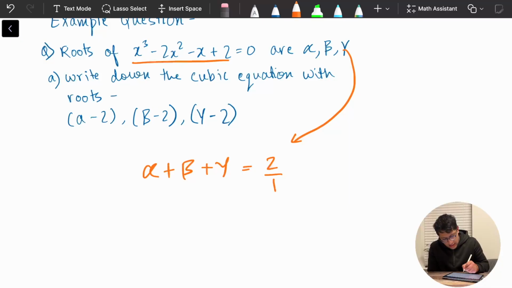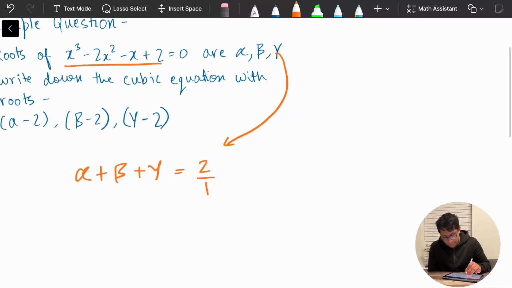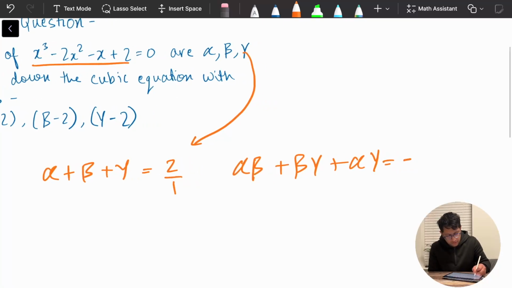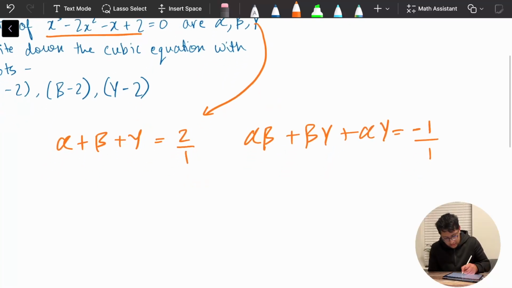And the pairs of roots, alpha beta plus beta gamma plus alpha gamma, is c by a, which is minus 1 over 1, and the triplet alpha beta gamma is d by a, which is 2 over 1 again.